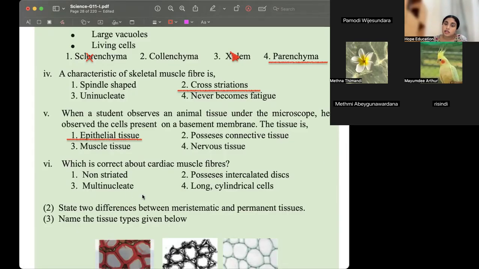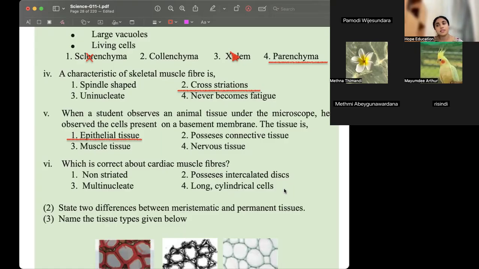Multinucleate. Which muscle tissue is multinucleate? Skeletal muscle tissue. Yes. Skeletal muscle tissue is multinucleate. Both smooth and cardiac are uninucleate.